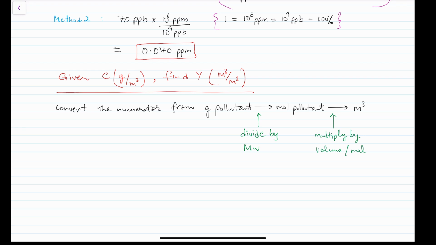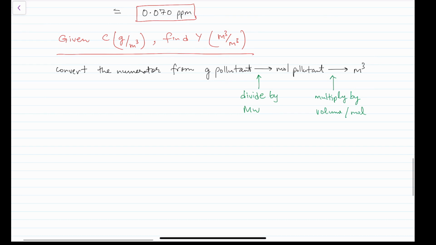Okay, so now where do we get the volume over mole? So now we need to go back to more of chemistry and remember the ideal gas law. PV is equal to nRT.